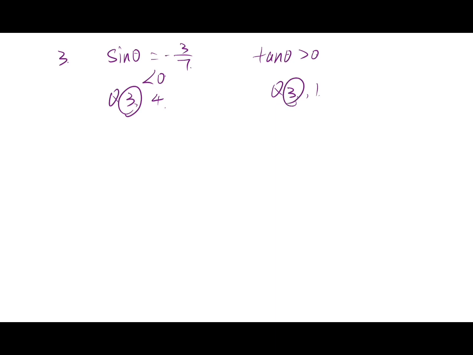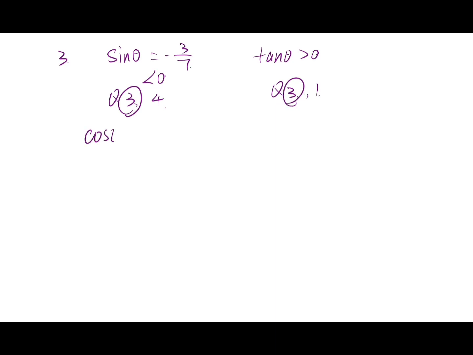Okay, number 3. The first one is sine theta is negative 3/7, and since this is negative, it is quadrant 3 or 4, and the tangent is positive, so it's quadrant 3 or 1, and the common one is quadrant 3.